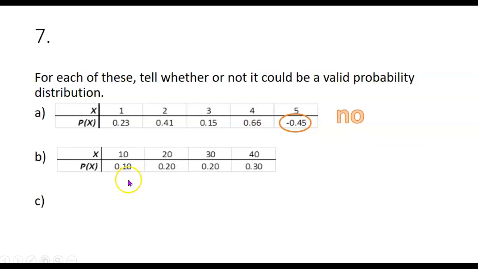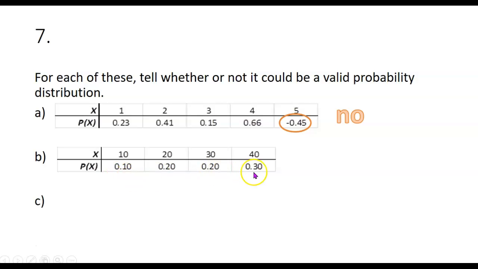Next one, here if we look at these probabilities, they look okay. Each individual probability is somewhere between 0 and 1, so that's okay. But then the other condition that we have to check is that the probabilities have to add up to a total of 1.